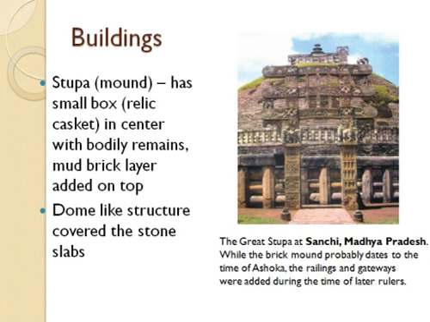This box is known as a relic casket. It was covered with earth, and later a layer of mud brick or baked brick was added on top. Then the dome-like structure was sometimes covered with a carved stone slab. So this was about the stupa.